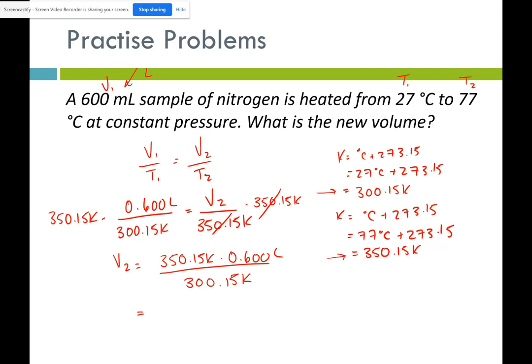And if I look, this is 3 significant figures. This is 2, this is 2. So I'm going to report this as 0.70 liters. Or 700 milliliters. So my temperature increased, so did my volume. So I have more confidence that what I'm doing is correct.